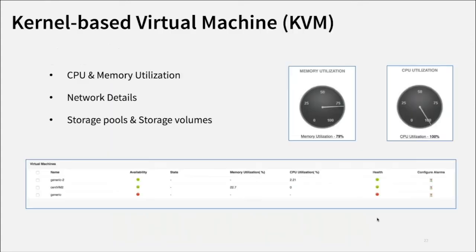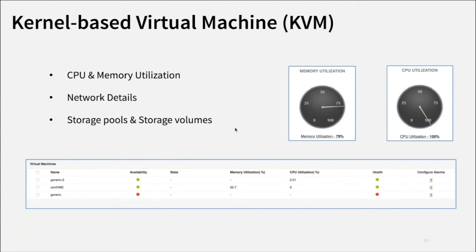For kernel-based virtual machines, CPU and memory utilization along with network details are collected, and since the KVM architecture is made up of storage pools and storage volumes, it is important to track the parameters of these storage pools and volumes. So that is present in the product as well.